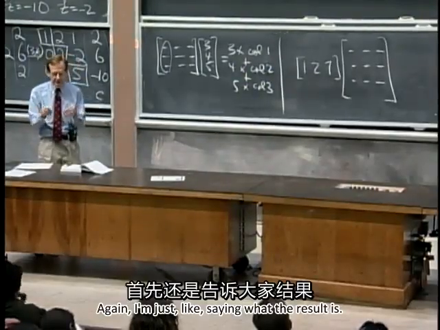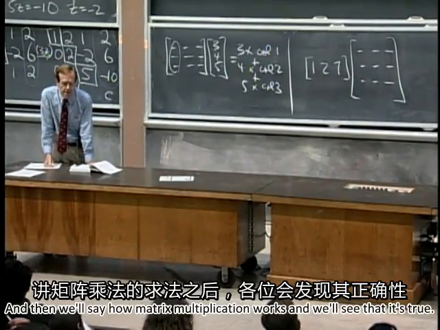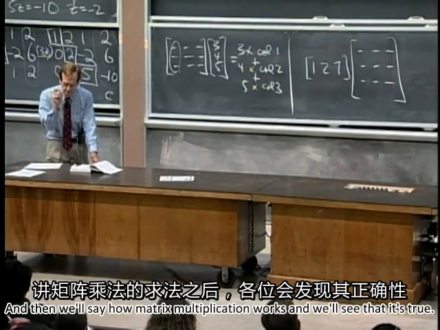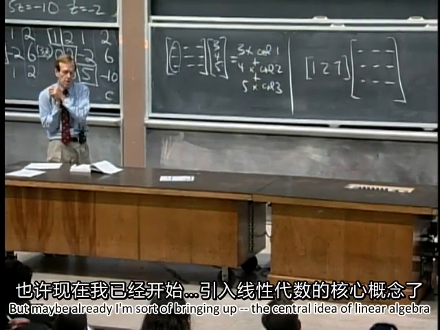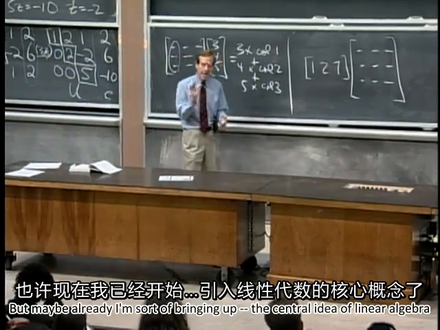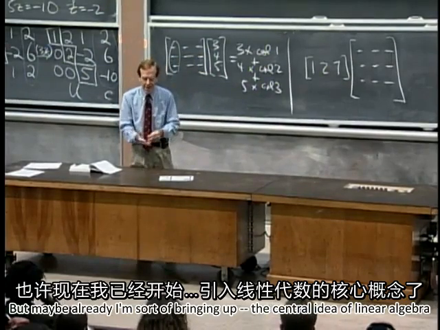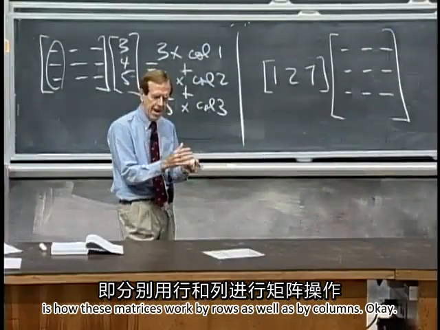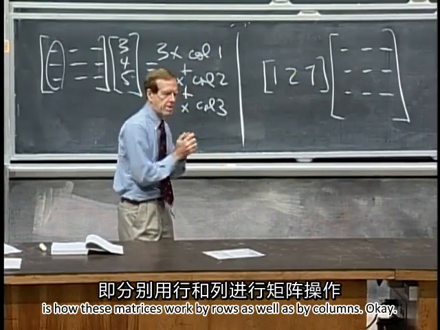Again, I'm just saying what the result is, and then we'll say how matrix multiplication works and we'll see that it's true. But maybe already I'm bringing up the central idea of linear algebra, how these matrices work by rows as well as by columns.